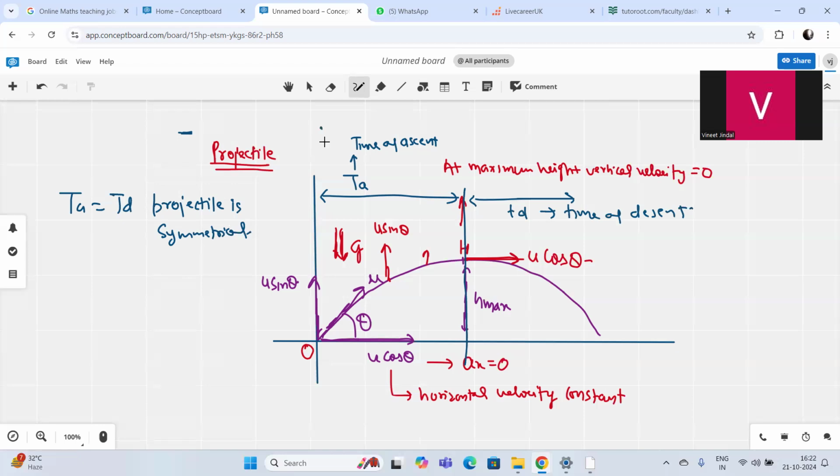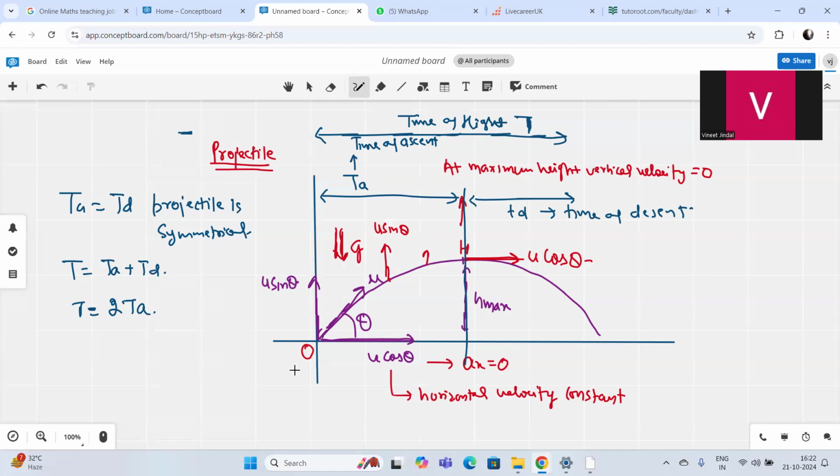The total time for which the object is in the air is called time of flight, denoted by capital T. So time of flight is equal to time of ascent plus time of descent. Since they are equal, time of flight is twice the time of ascent.